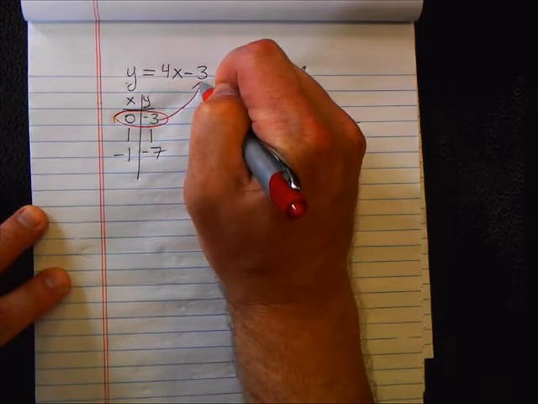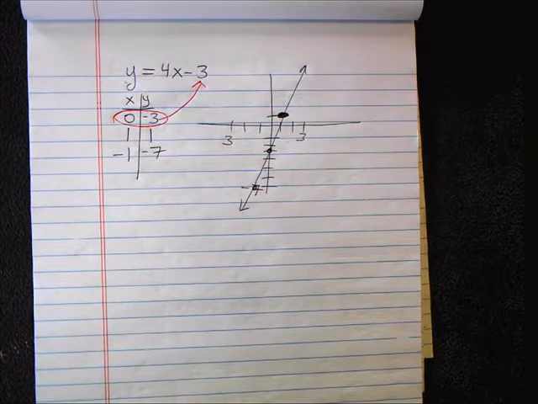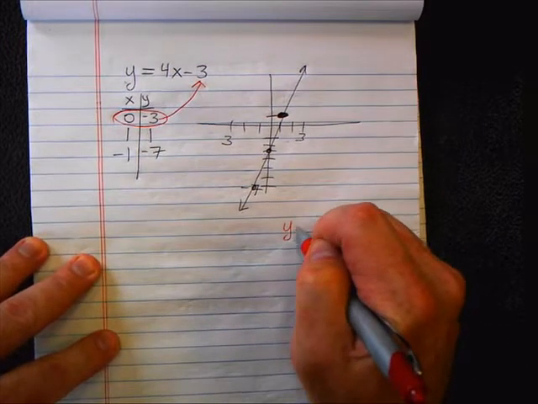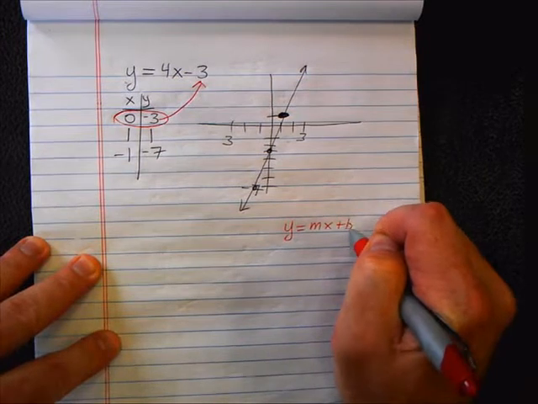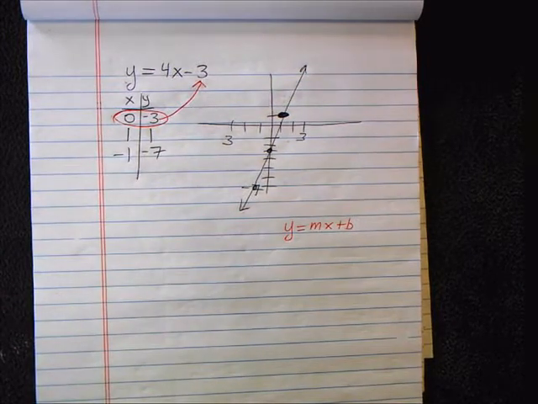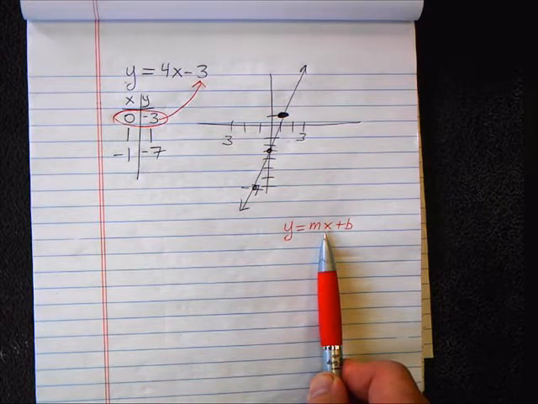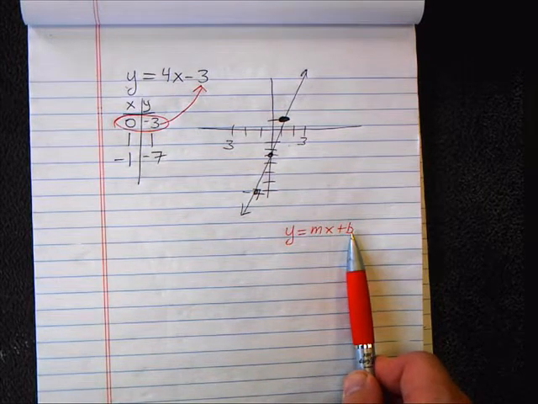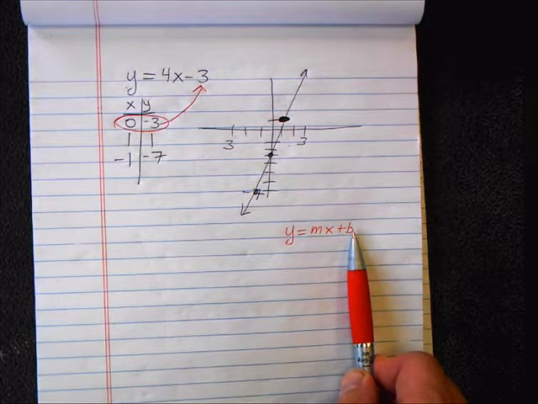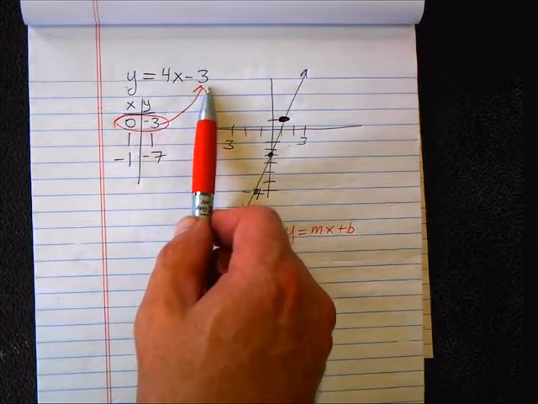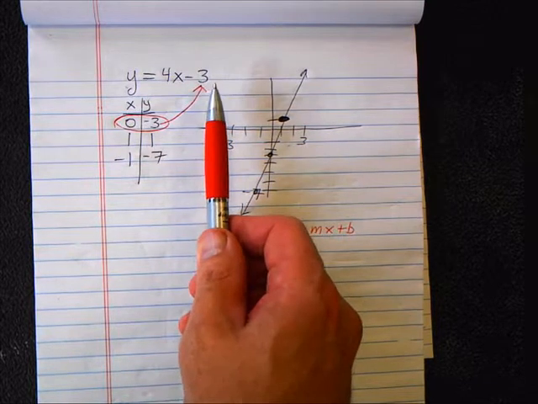So that number right there is always going to give us the y-intercept. Because if I have y equals mx plus b, and I plug 0 in for x, what am I always going to get for an answer for y? I'm just going to get b. Whatever b is. So this number on the end always tells you the y-intercept of your graph.